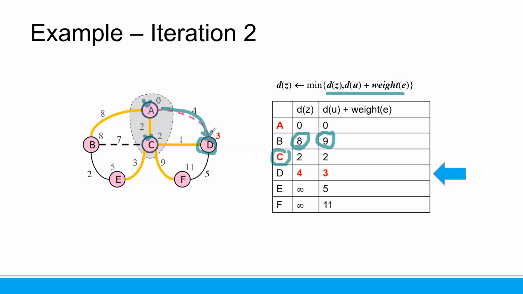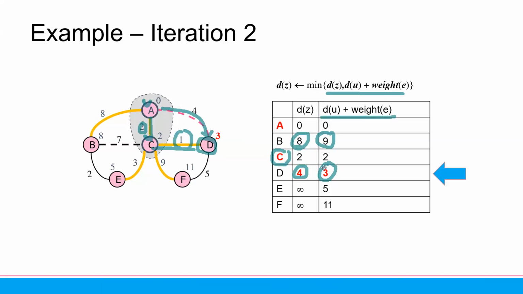But if we go through C, we have 2 for A to C, and then from C to D we have 1. Then we have the total 3. So what is the minimum between 4 and 3? 3 is the minimum.